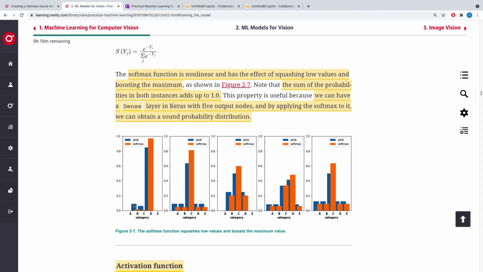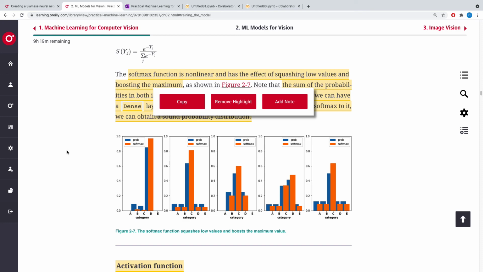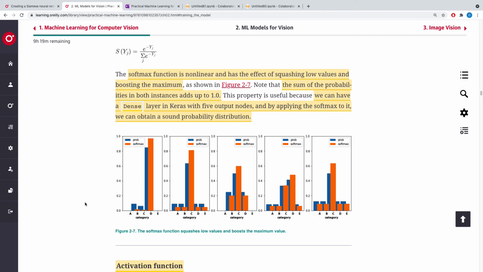We can see that the softmax is this orange, and it's lower. And here, where the logit is this higher one, the softmax makes it higher. A similar thing is observed here. That's why we say it has the effect of squashing low values and boosting the maximum one.